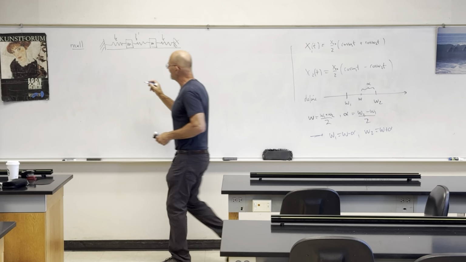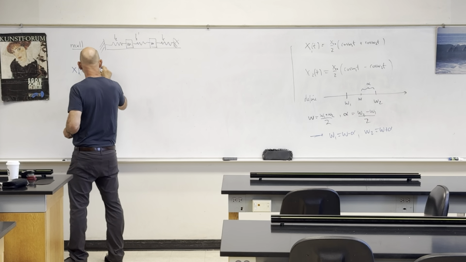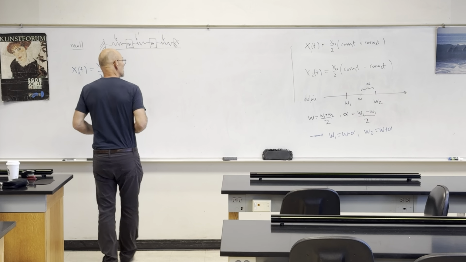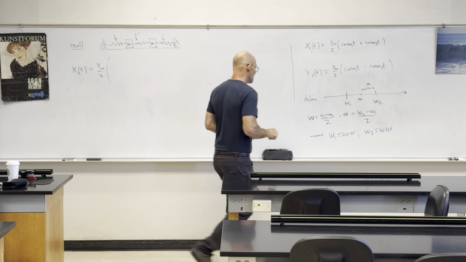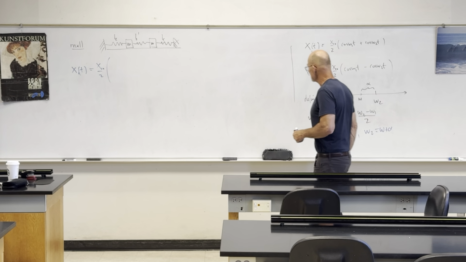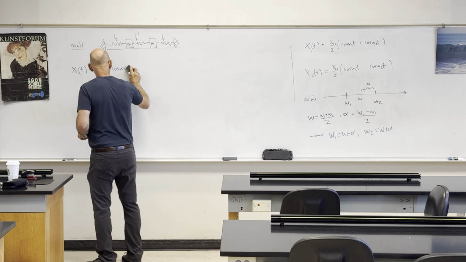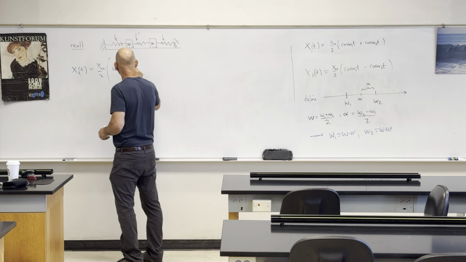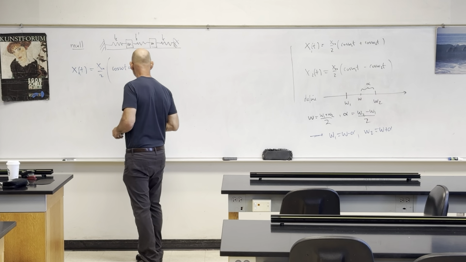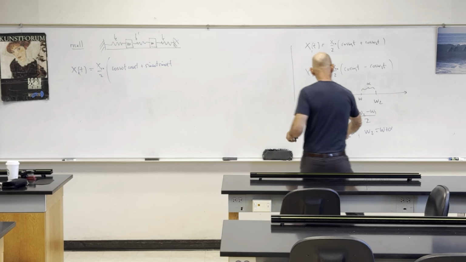So x1 of t, being careful to make this large enough, we have cos of omega minus alpha t, so that would be cos omega t cos alpha t plus sine omega t sine alpha t, but that's the omega minus alpha.